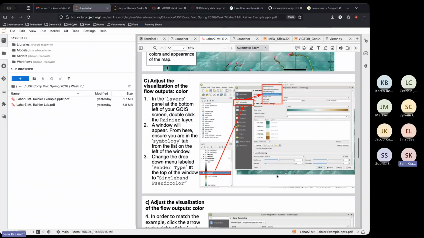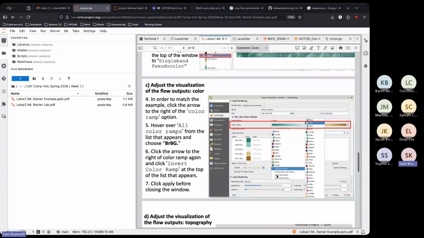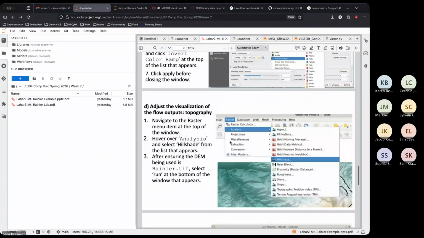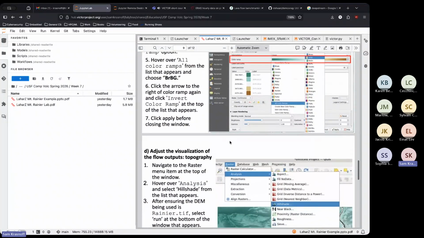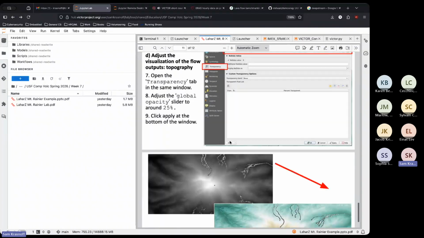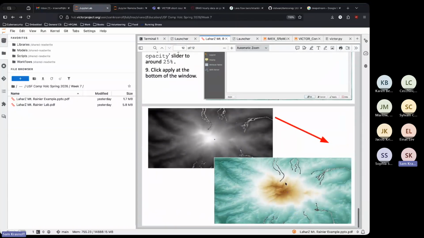What we're doing is taking the outputs, putting them into QGIS, and then cleaning up the topography, changing the color ramp for the flows to make them stand out more. And then you can see here's our final example with some very good examples of different Lahars based on the initial points and energy cone that we specified.